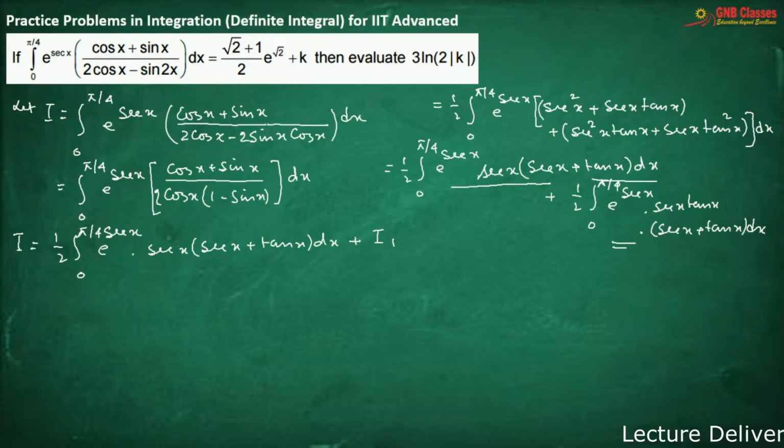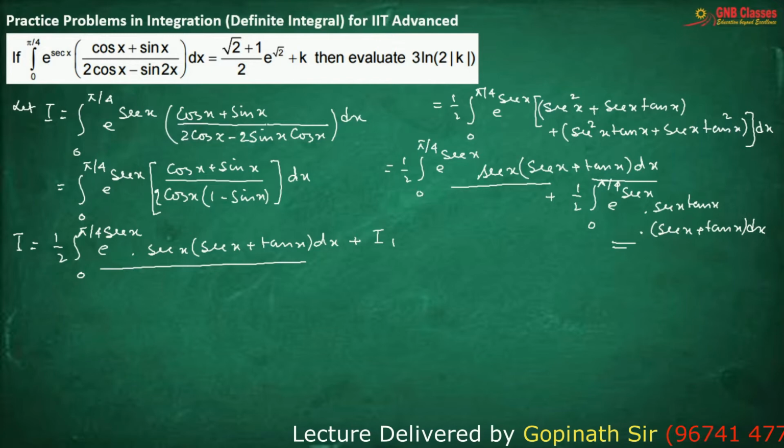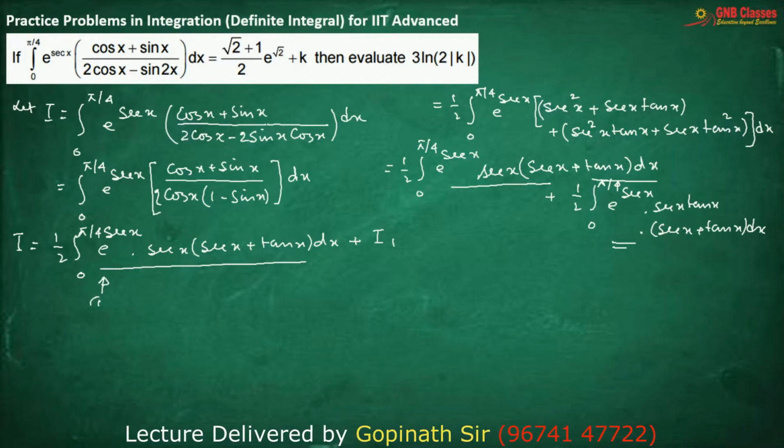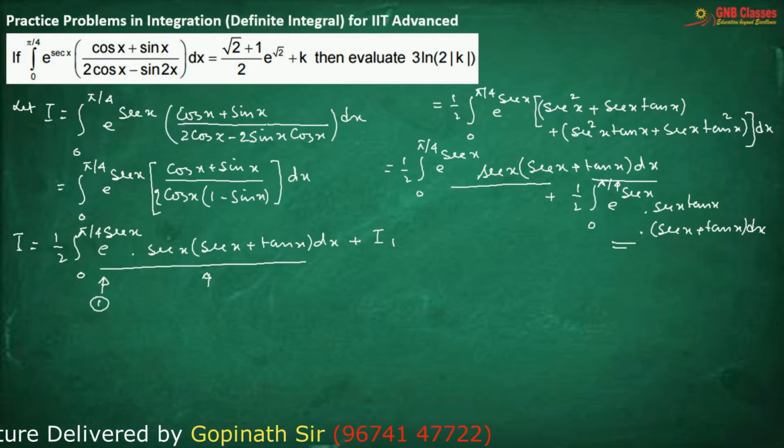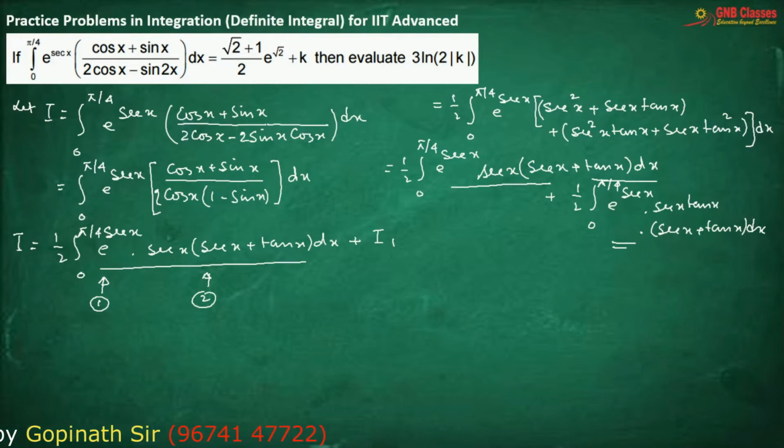Now if I integrate the first integral, by taking e to the power sec x as my first function and sec x into (sec x plus tan x) as my second function, we are applying integration by parts.